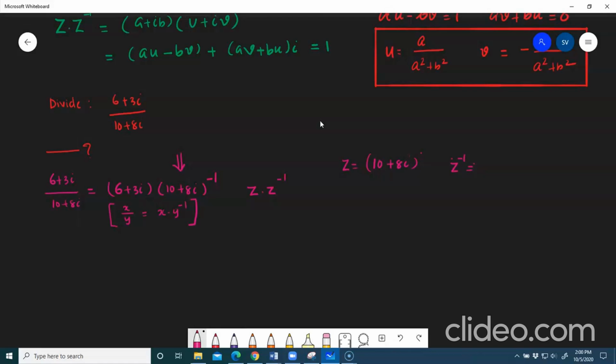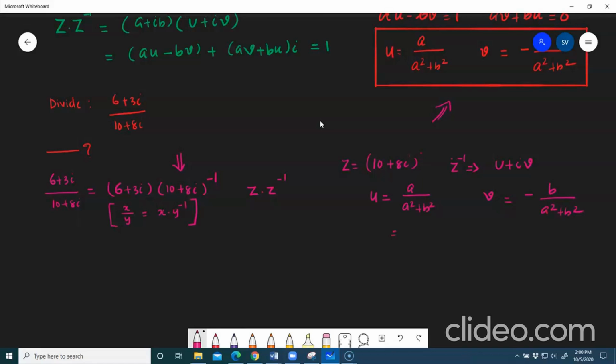If we consider z inverse in the form u + iv, what is u and what is v? We know from this result box, u is a over a square plus b square, and v is negative b over a square plus b square.